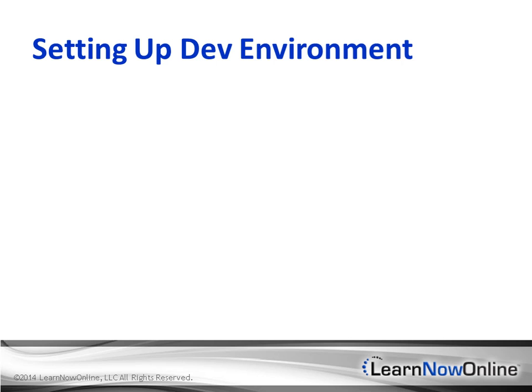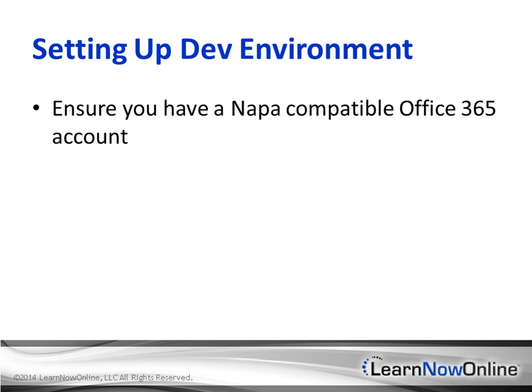So, having said that, let's take a look at the dev environment itself. You do want to make sure that you've got a Napa-compatible Office 365 account. If you have an MSDN account, that comes with an Office 365 account for you for the dev, so you can go in there and put that in place. If you have an E1 or E3 license for Office 365, you're compatible with Napa, so you've got that capability as well.